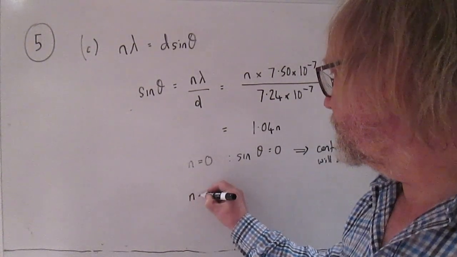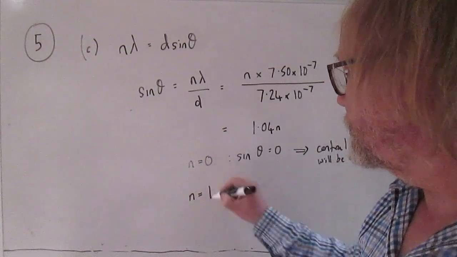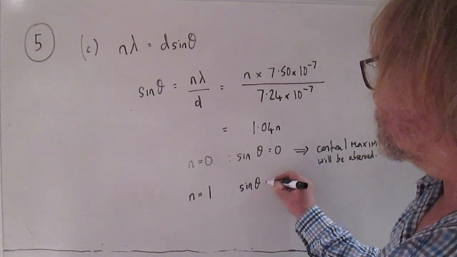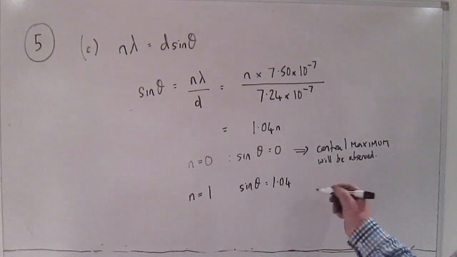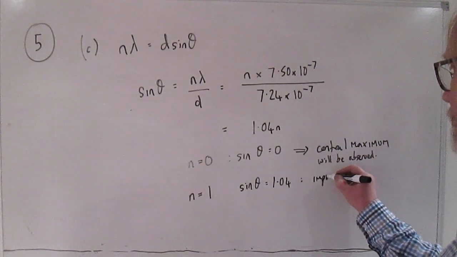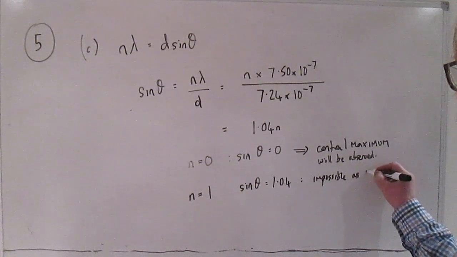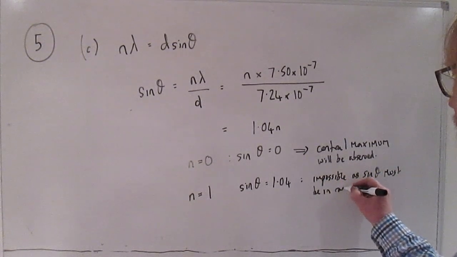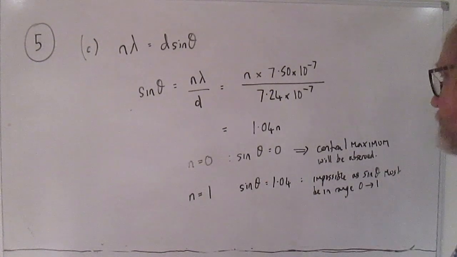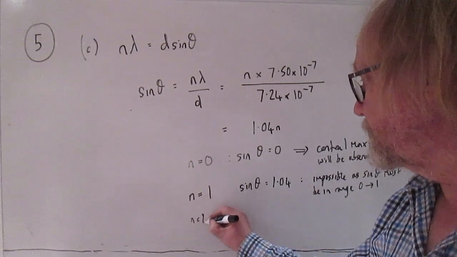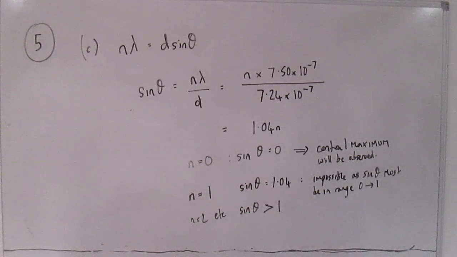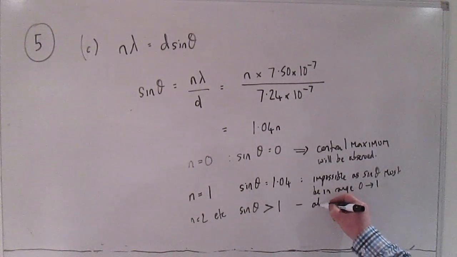But if n is 1, then sine theta is equal to 1.04, which is impossible, as sine theta must be in the range 0 to 1, and n equals 2, etc., then sine theta is always going to be greater than 1, so also impossible.